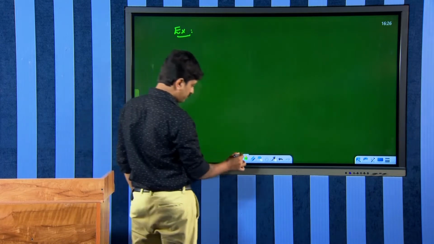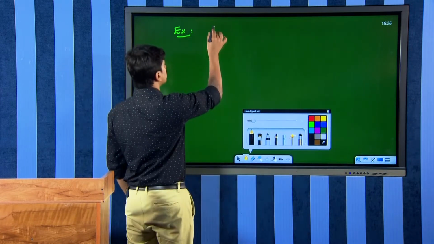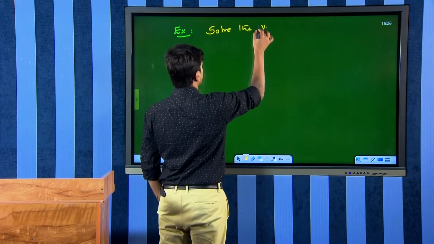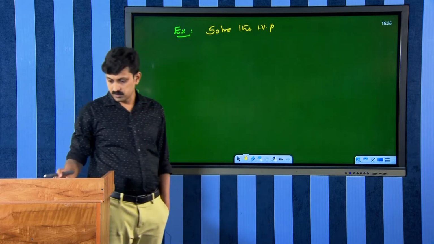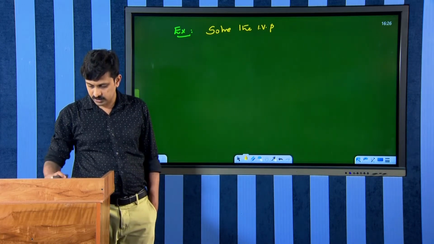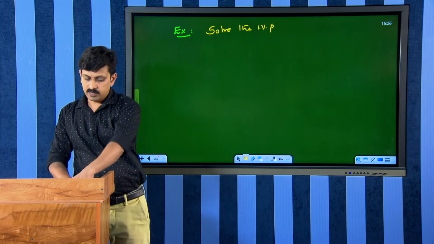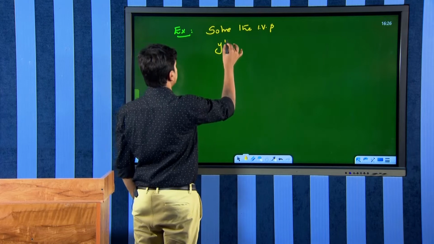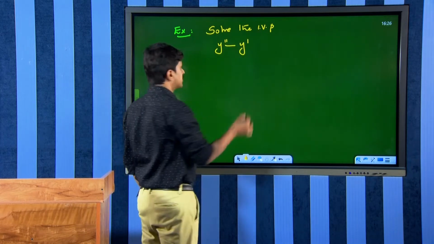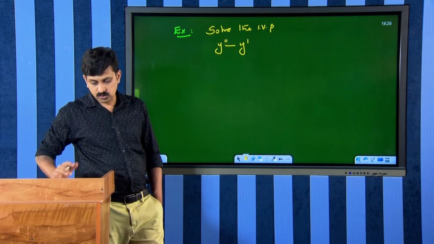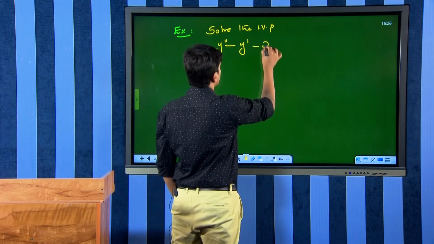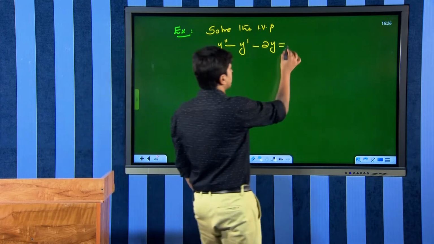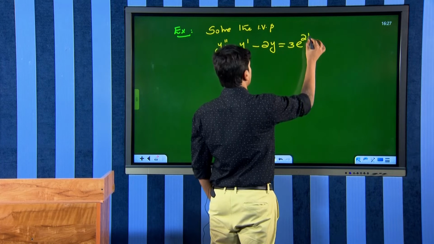Next example, solve the initial value problem. The initial value problem says y double dash minus y dash minus 2y is equal to 3 e raised to 2t.